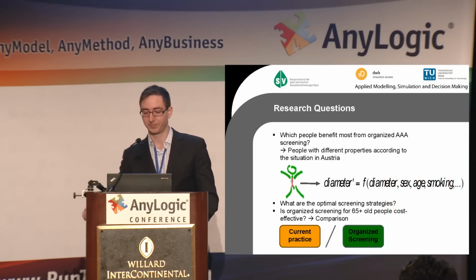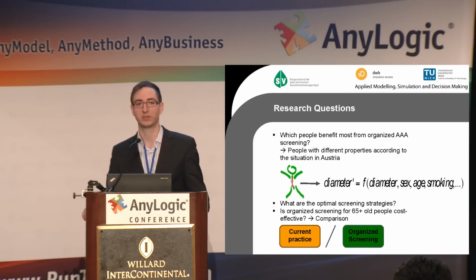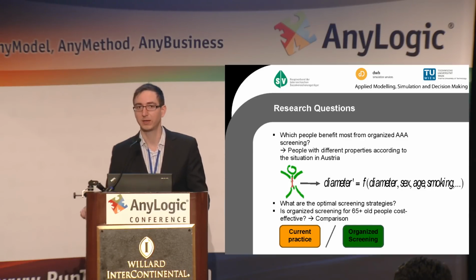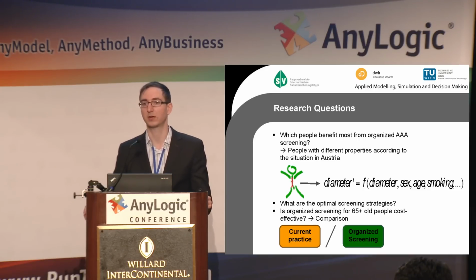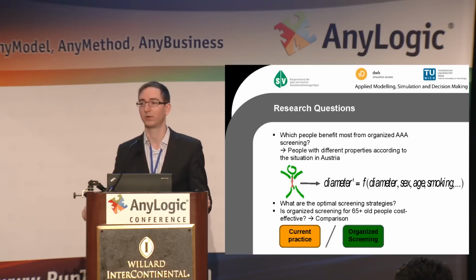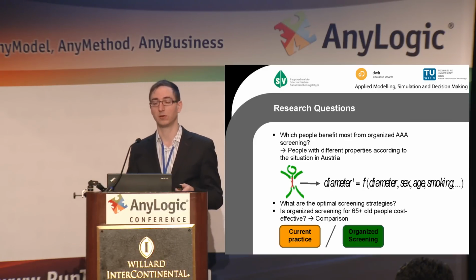Then there was also the question: which people benefit the most from organized screening? We know from the routine care database, which was already presented by my colleague, that people have lots of other diseases, like cardiovascular diseases and diabetes, and also risk factors like smoking habits.